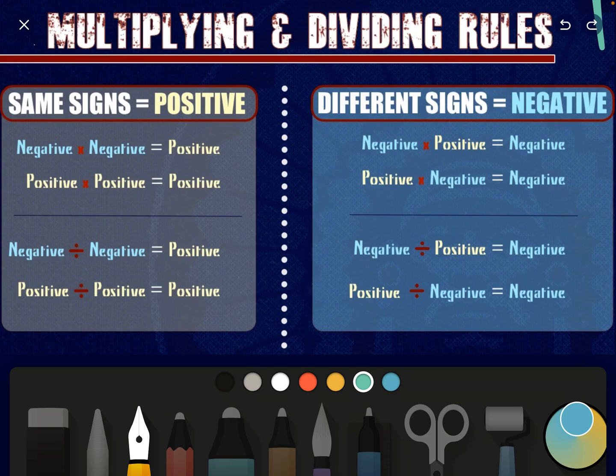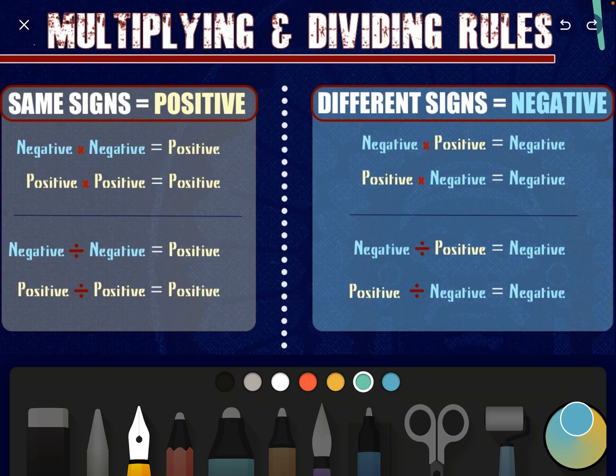if it tells you to multiply, all you have to do is multiply your two numbers. All right? If it tells you to divide, all you have to do is divide those two numbers. Then look at the signs. If they are the same, your answer is positive. It's always going to be positive if it's the same. So a positive times a positive is a positive.